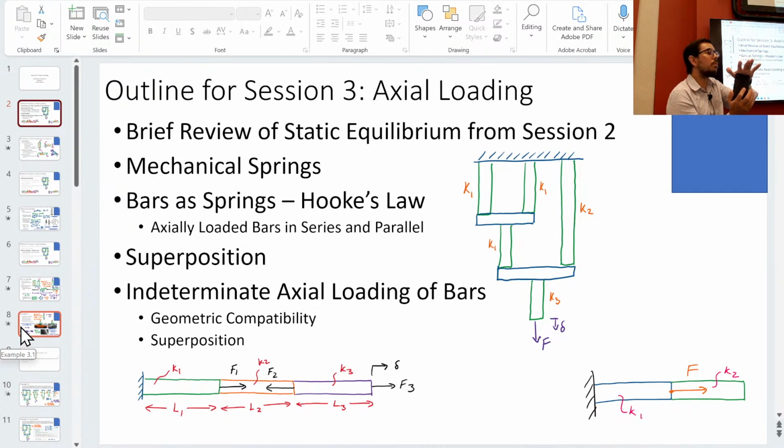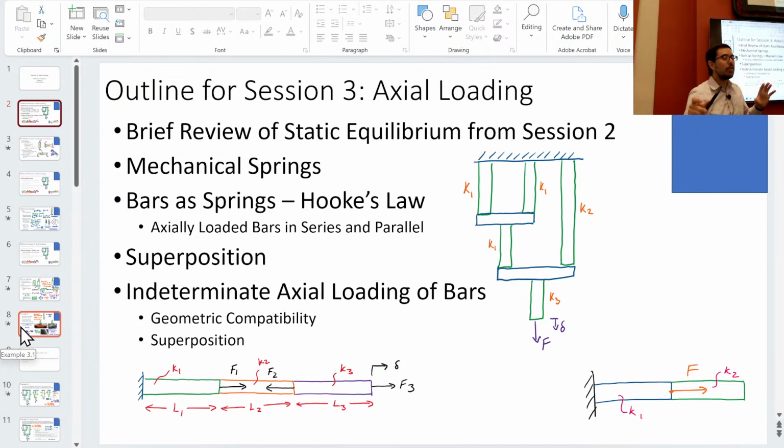But force equilibrium by itself is not a sufficient tool to be able to calculate the forces. This is because the system is over-constrained, and I have essentially to take into account the material property, the structural properties of this configuration to be able to solve for equilibrium, and to be able to solve for how much my middle finger moves up as I'm pushing on it. So there are multiple ways to tackle these indeterminate problems.